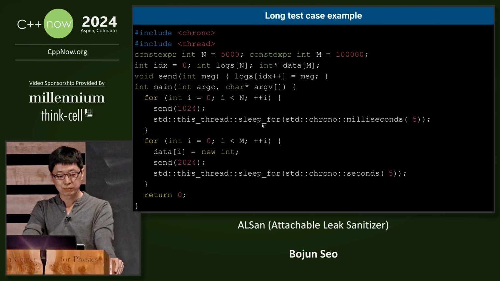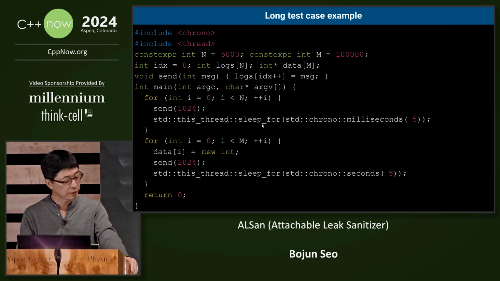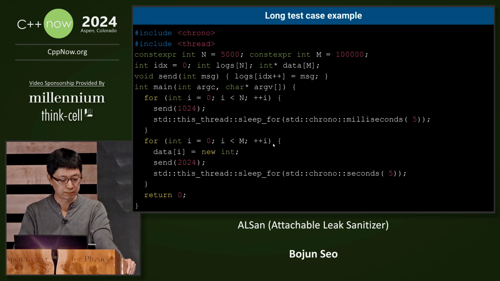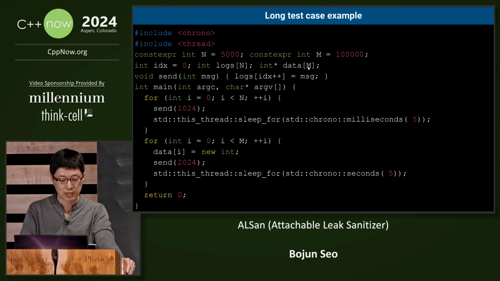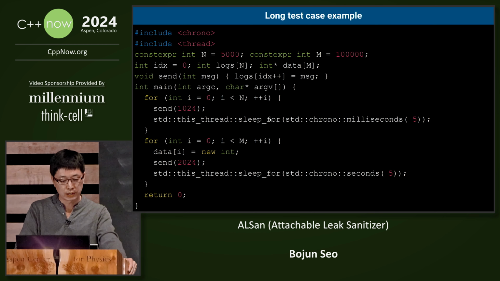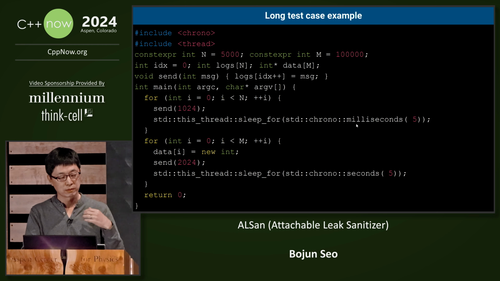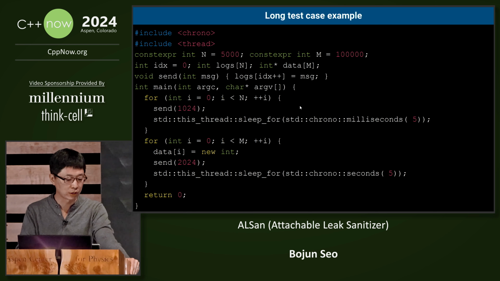Okay, but I made an actual example. Everything I show you is actually runnable, except this one. Here's similar code that has a log. I changed it to just an int and a data array, and let's consider it takes, I used a millisecond for my test, but it can be seconds or hours, so it can take a very long time, and then you can get the leak after here.